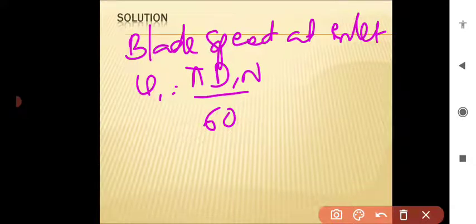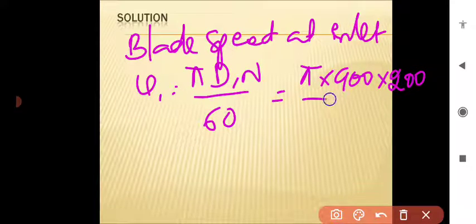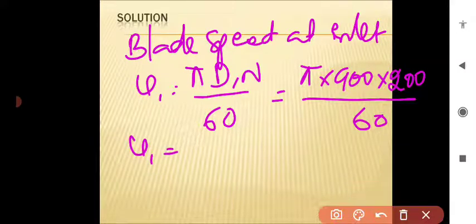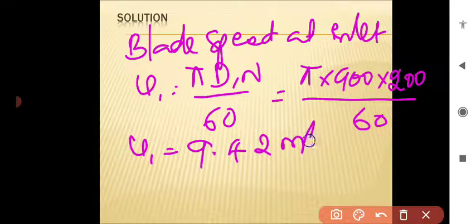Substitute all the values in this equation: pi into D1, which is 900, into N, which is 200, by 60. If you calculate it, you will get u1 value. So u1 is equal to 9.42 meter per second.